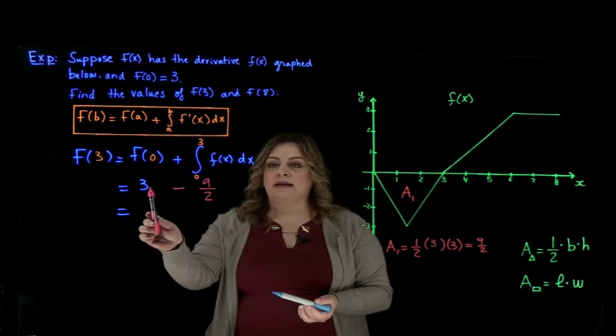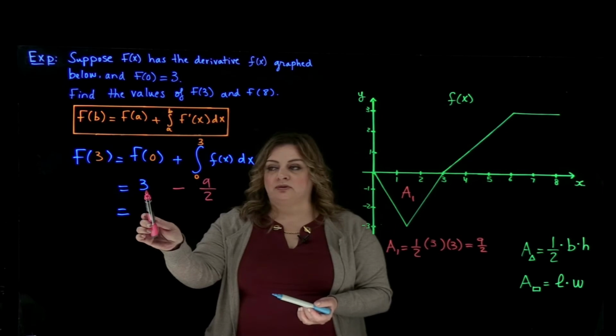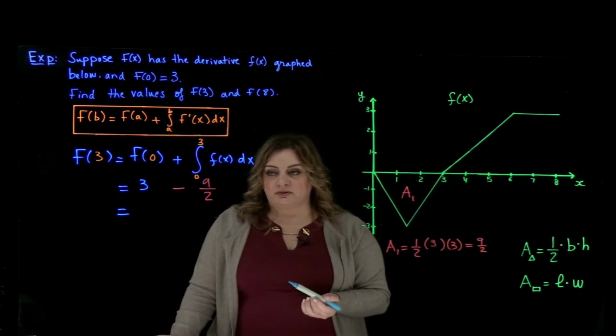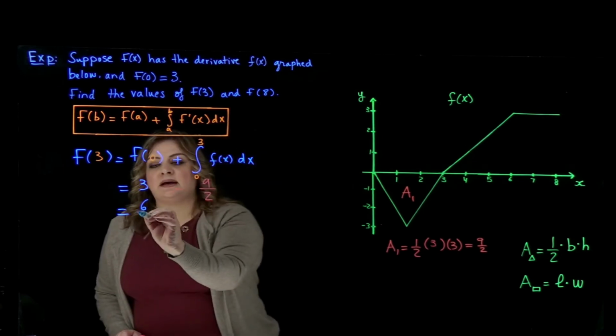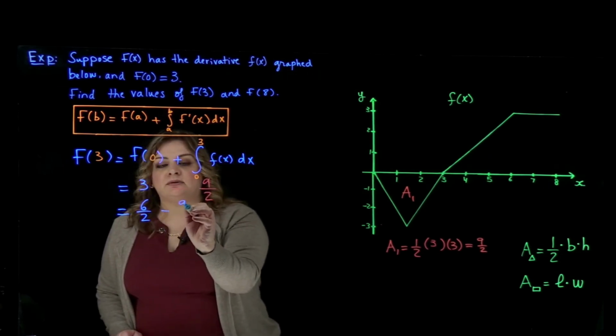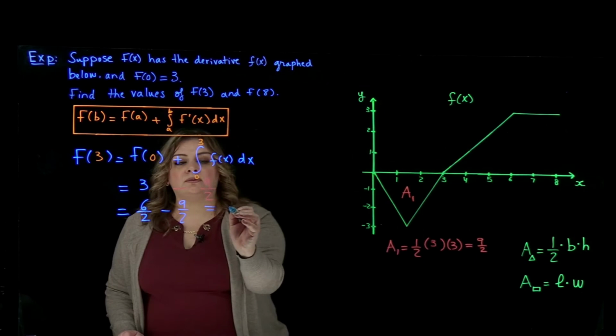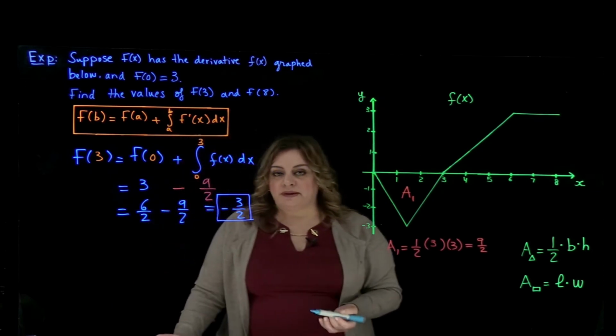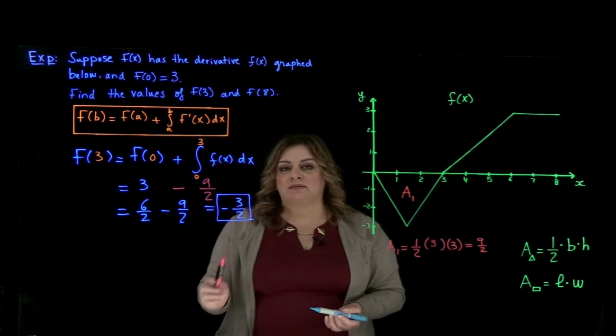We know that 3 has an invisible denominator of 1. We want to multiply the numerator and denominator by 2. This will give me 6/2 minus 9/2, and this is going to equal negative 3/2. So the value of big F of 3 is negative 3/2.